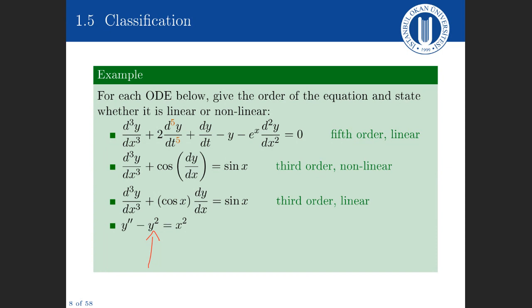It needs to be y plus y plus y plus y is equal to 0 if we cross out all of the functions of x. This is a second order non-linear equation. It's non-linear because we have a y squared term. You can't have any y squareds in a linear equation. So this is non-linear.